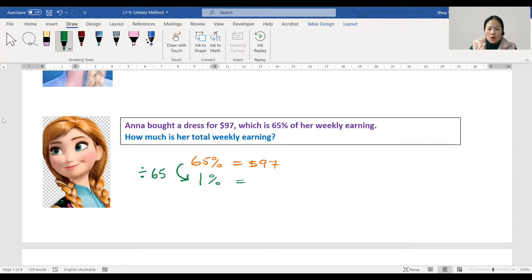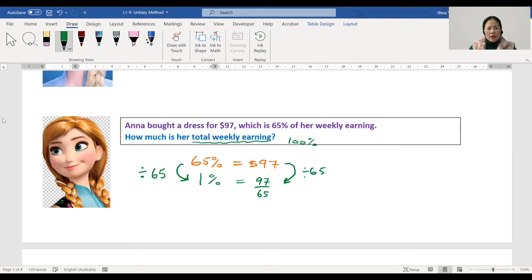So I'm going to do the same thing here, divide by 65, so it's 97 over 65. I'm not going to write a decimal here because that's going to be a bit messy, so I'm going to leave it as a fraction. Now, 1% is not what we want, because we want her total weekly earning, which is represented as 100%.